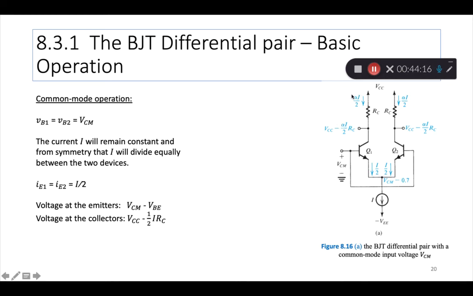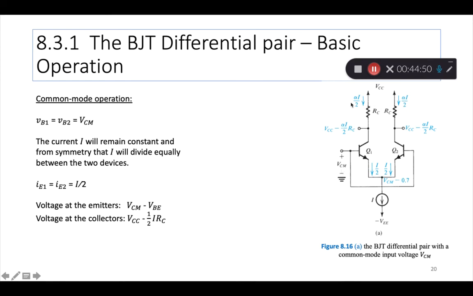Because we know alpha, this parameter for a transistor, is about 0.98 or 0.99. So if this is 1 amp here, then if you add the currents in these two collectors, the current won't be exactly 1 amp, but it will be, let's say, 0.99 amps, depending on alpha. So that 0.99 is then divided into 2 equally.